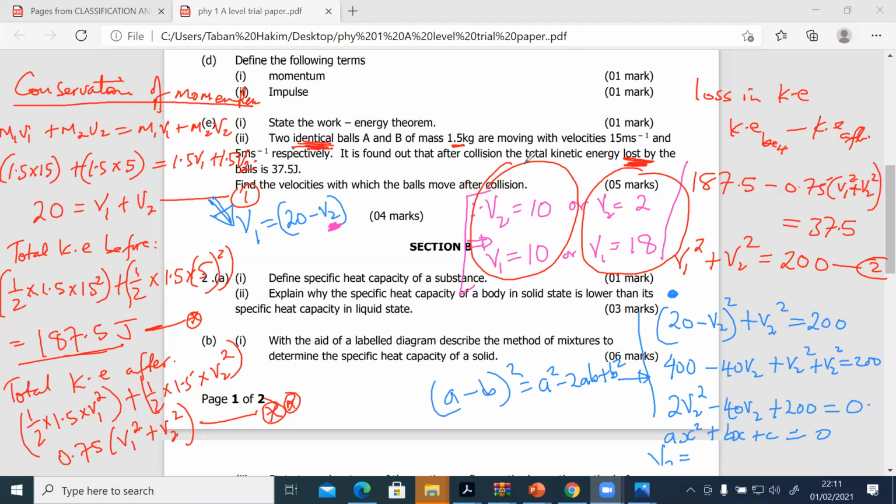What kind of collision is this? It is inelastic, correct.